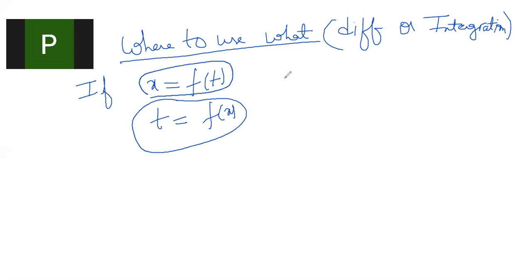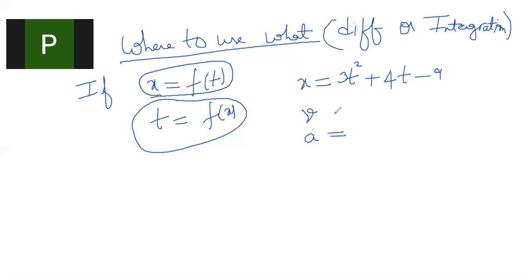For example, I will write an equation: displacement is equal to 3t square plus 4t minus 9. This is an equation that I gave you, and now I am asking you to find the velocity and acceleration.